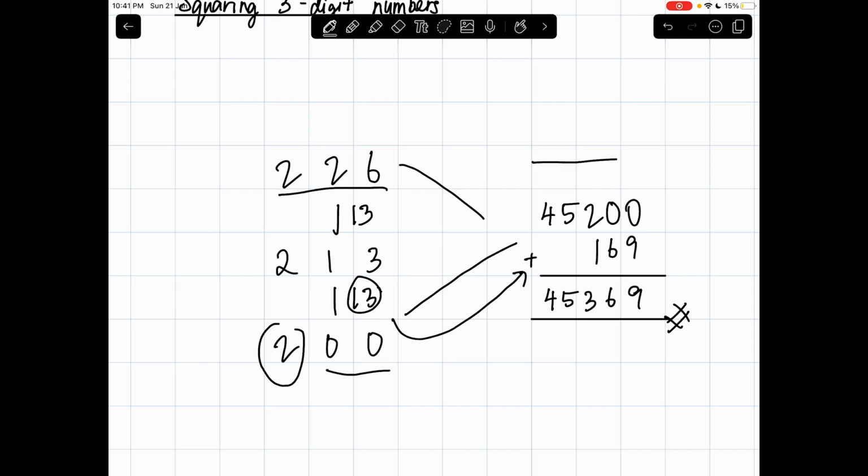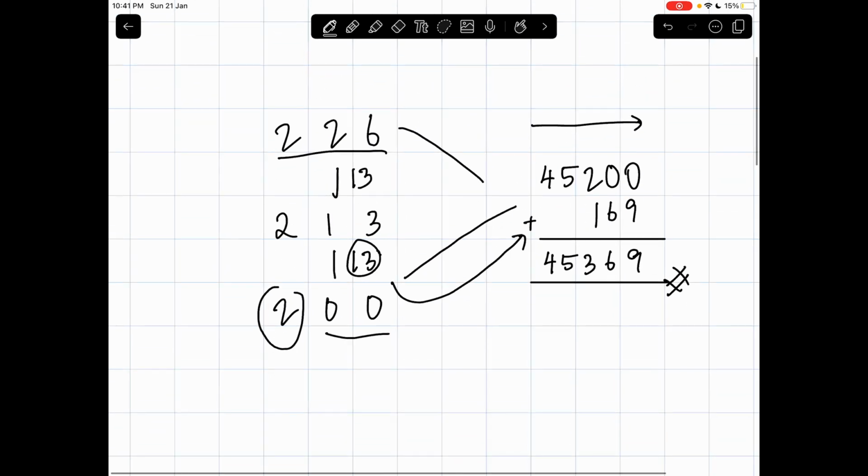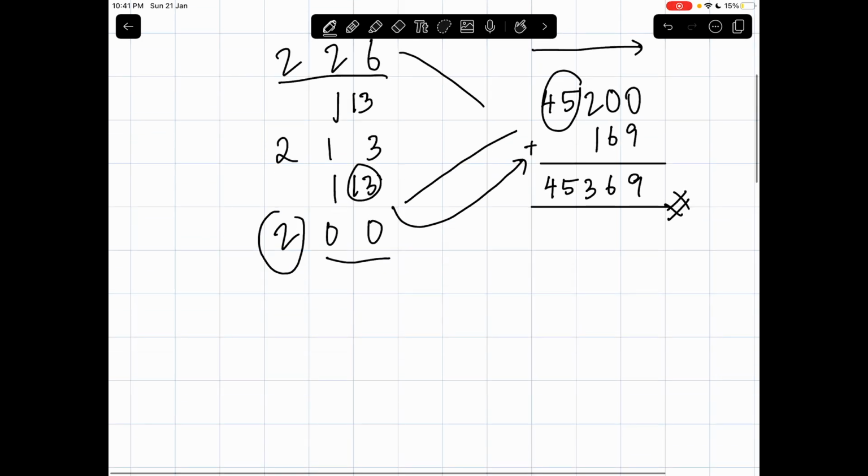And also, let's add in another method we learned in one of the previous videos, which is to calculate from left to right. This is a famous technique used by mathematicians all over the world to say the number or to say the answer even without knowing the whole answer. So for instance, since we know that 45 is going to be the first two digits, the mathematicians will start off by saying 45,000.